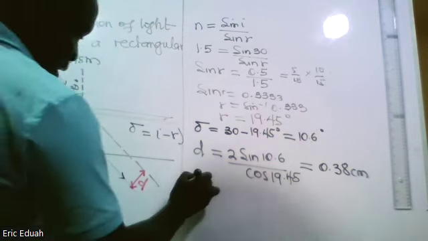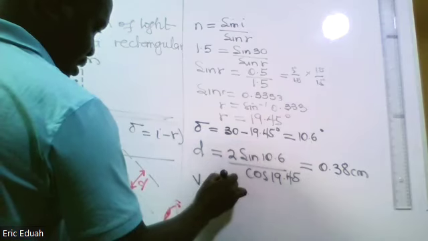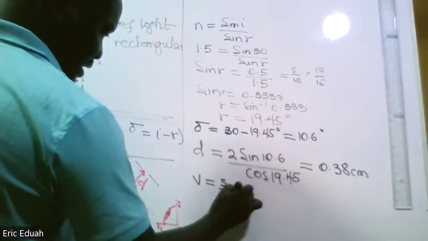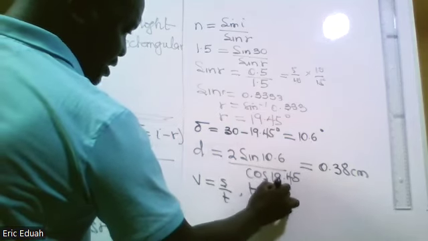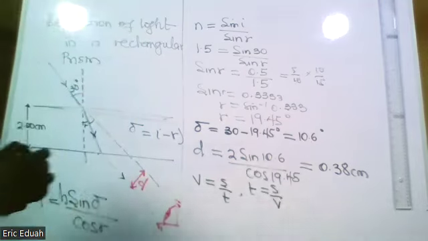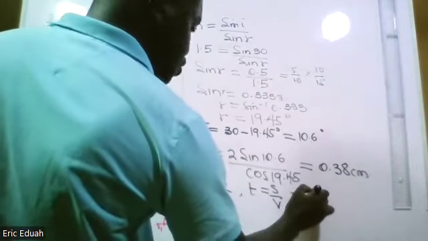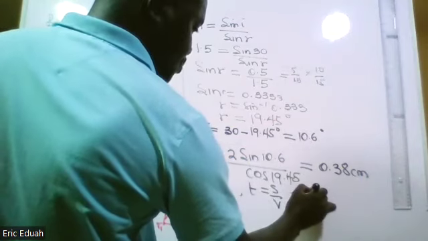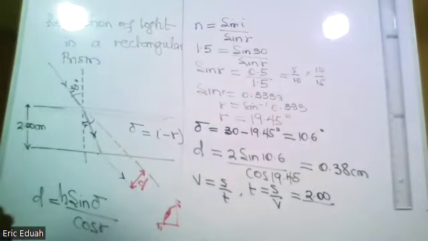So Kenneth is saying that because v is equal to s over t, t is equal to s over v, and we have s to be 2 centimeters. So when we get the velocity of light in the material, we can find the time.